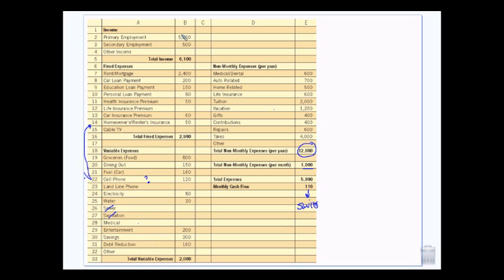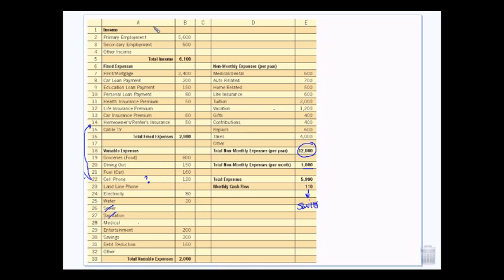But this is it: you have your income, you have your expenses, you subtract the fixed expenses, the variable expenses, and the non-monthly that you're putting aside. This is what you have left over. That's the amount that can go into savings. Now, if you want to increase this, you have to decrease something over here or increase your income. It's easier a lot of times to decrease a bill or something.